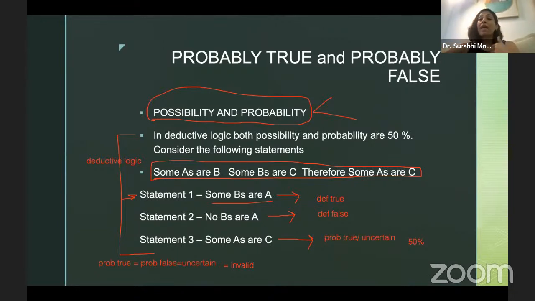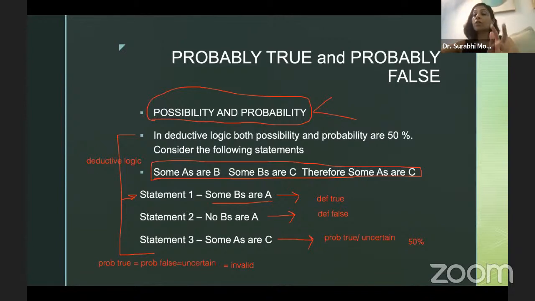But when it comes to inductive logic, which is reading based logic, then probably true and probably false are different things. Unless, of course, in inductive logic also there is a situation that you cannot decide how true or false this thing is. It could be as true as it is false.